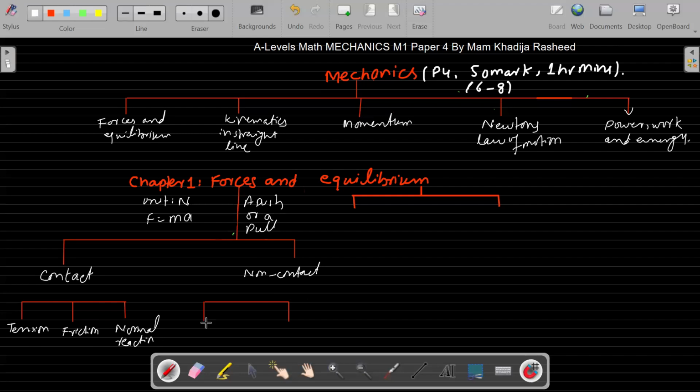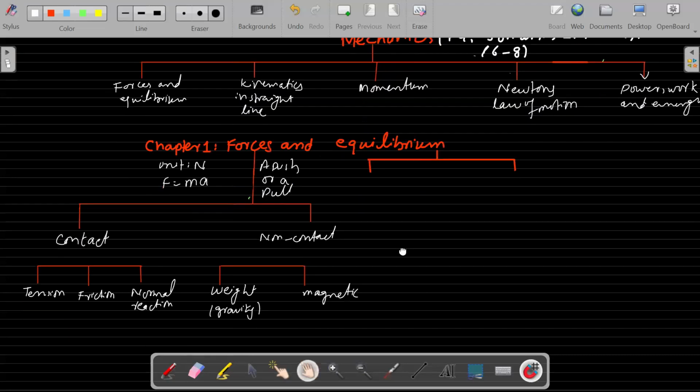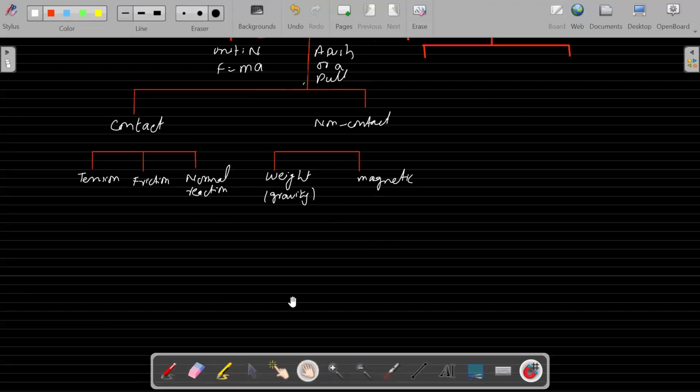For non-contact, weight, or gravitational force, and another one is magnetic force. But we are not going to discuss magnetic force right now.